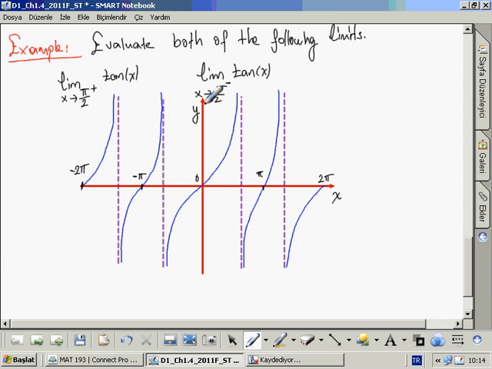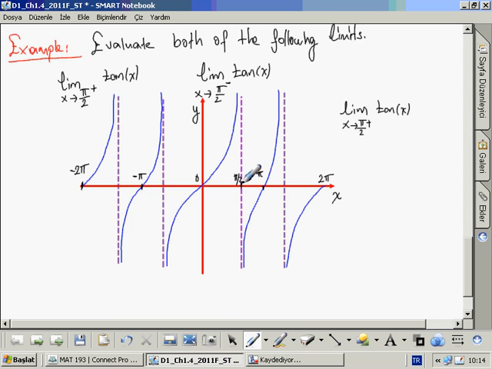And as you see from this, it's easy to see that we have the following values, and let me write them. Limit as x approaches pi over 2 from the right hand side of tangent of x. This point is pi over 2, and this is a vertical asymptote.